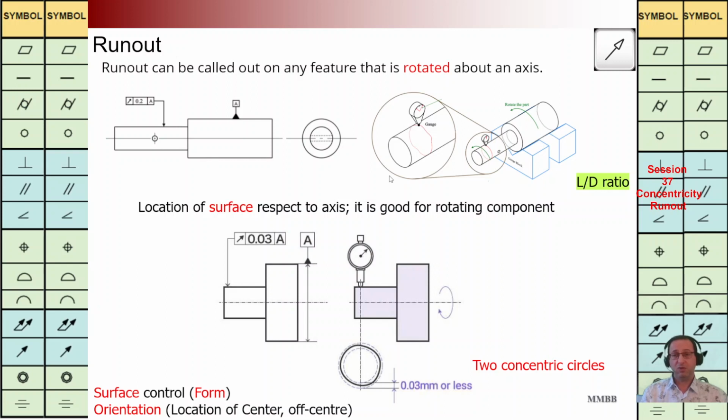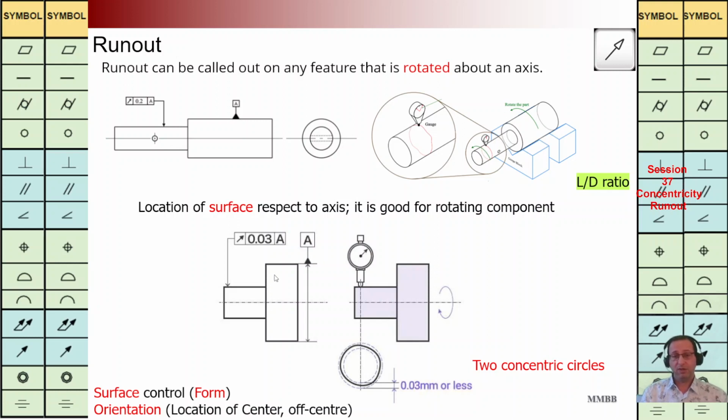In this manner, we are going to rotate this component around that axis, and this dial indicator should not move more than 0.2. Here I have highlighted this L over D ratio, the length of this cylinder and the diameter of this cylinder, in order to be able to rotate this component around that axis.